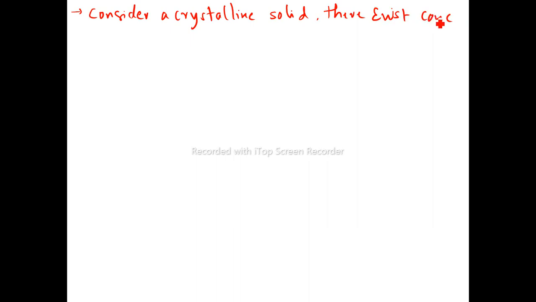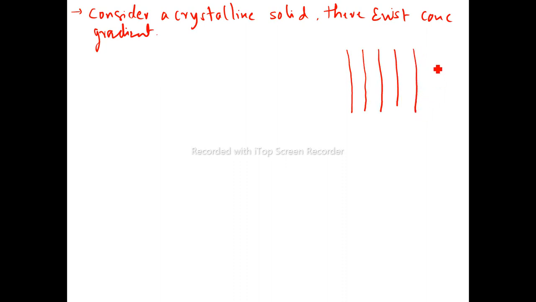Only then can there be diffusion. For clarification, we are considering a small portion where the concentration is changing from C1 to C2.